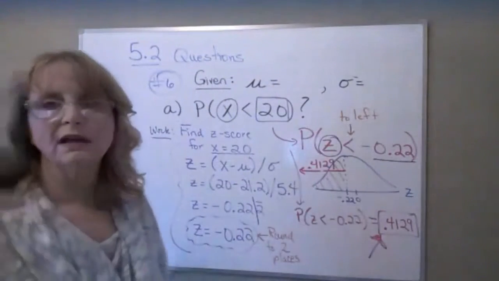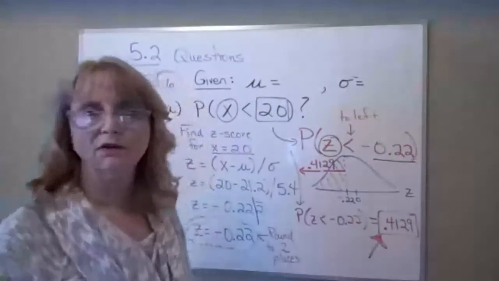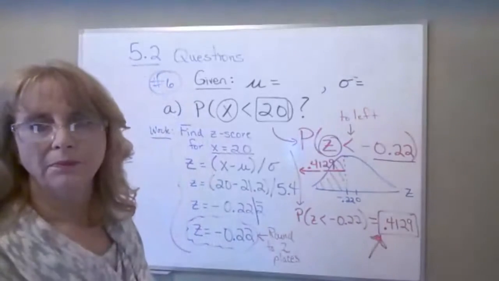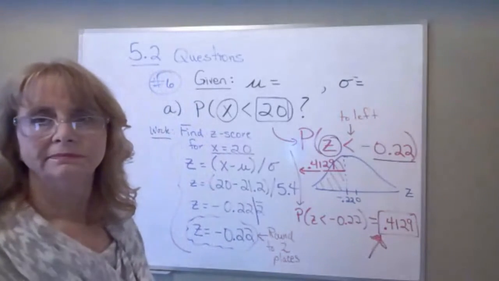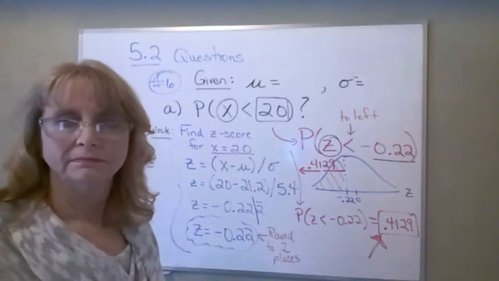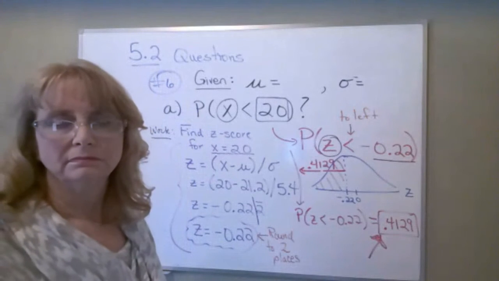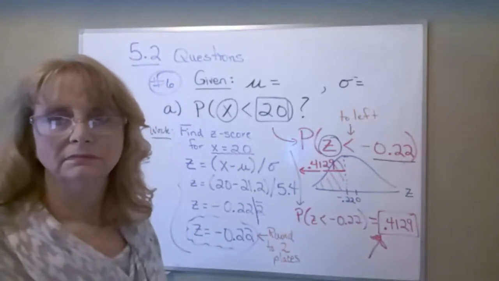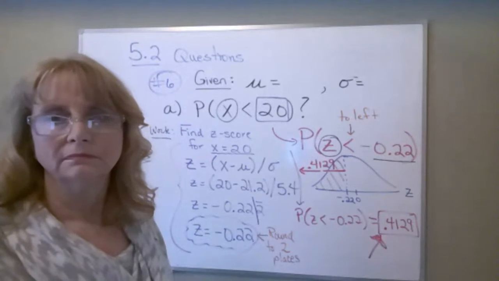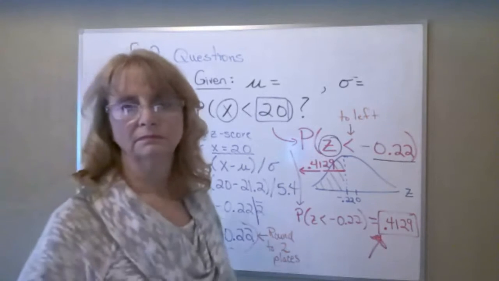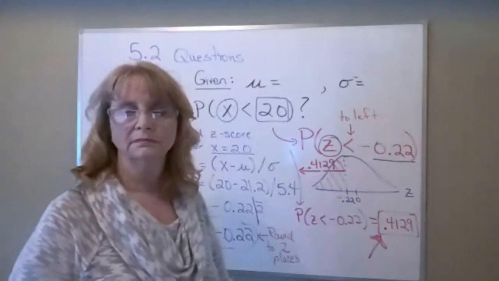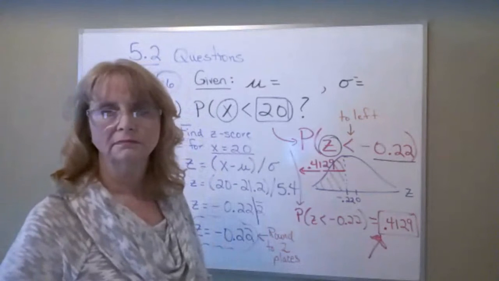Let's take your mu and standard deviation, Stephanie. What did it give you for the mean on your problem? $22.7.